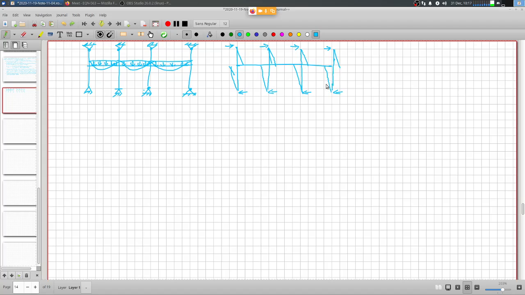Okay, I'm drawing on the wrong side actually. Drawing on the tension side. So this is what it is going to be.